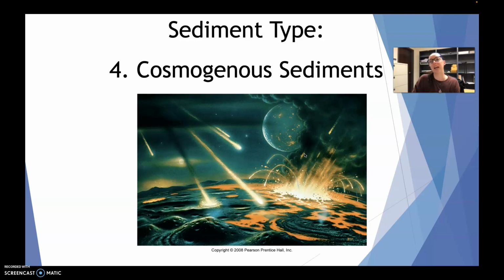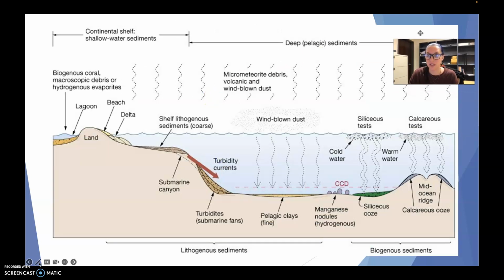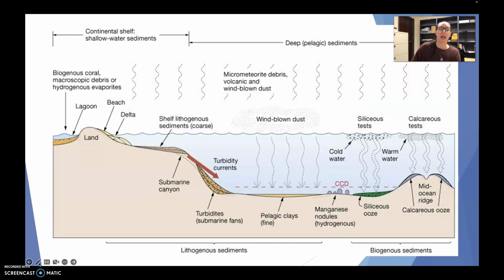So if we were to look at an overview of everything we just talked about in the last several recordings, this is, in my opinion, a really nice overview of everything. Closer to our continental shelf is over here on the left-hand side, closer to the continent, right? We have things like biogenous coral and macroscopic debris or hydrogenous evaporites.